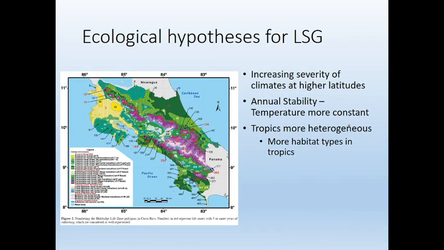Other ecological hypotheses that we have for the latitudinal species gradient is that it just kind of sucks at higher latitudes, right? So here in Wisconsin, we have 6 months out of the year where it's really cold, where water actually freezes, and a lot of organisms just can't deal with that.